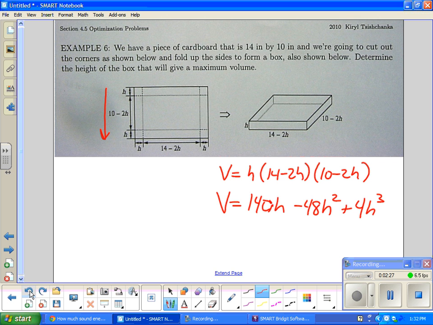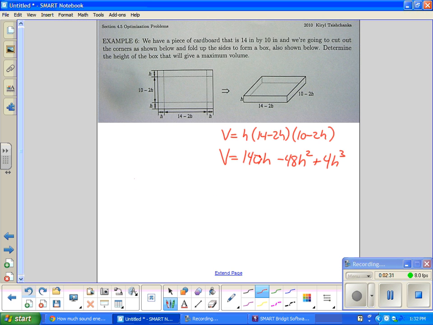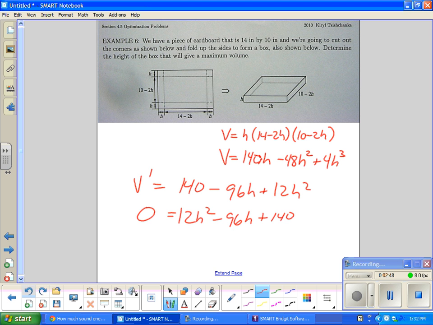So with that said, I get V prime equal to 140 minus 96h plus 12h squared. And again, I'll probably write it this way. And we're going to set V prime equal to 0.